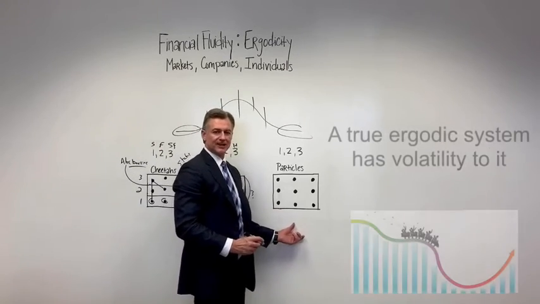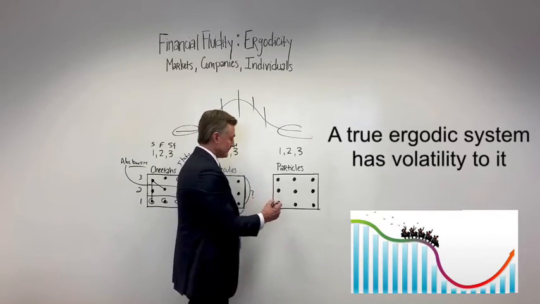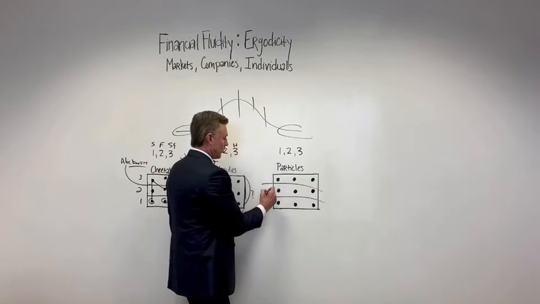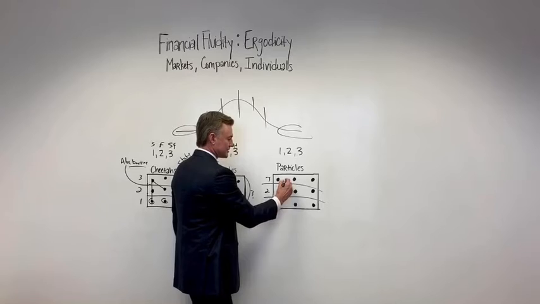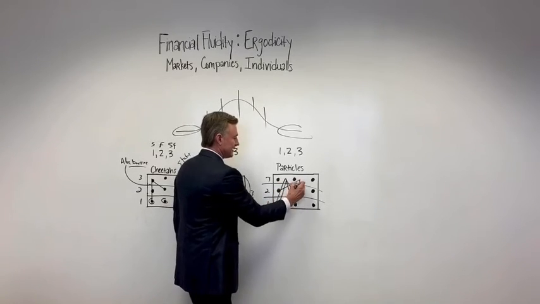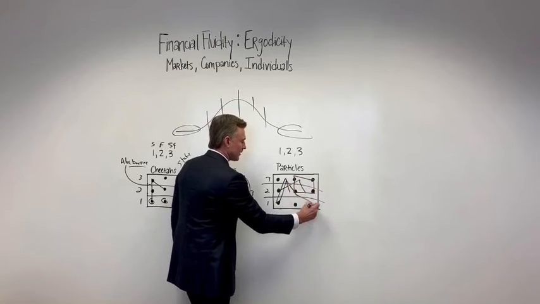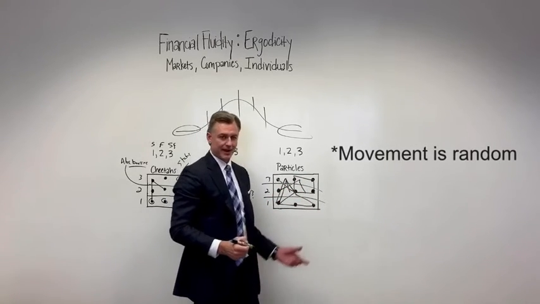A true ergodic system has volatility to it. A 1 today becomes a 3 tomorrow, becomes a 2 the day after, and the 2 becomes a 3, it becomes a 1. There's a lot of movement around in a very random pattern in this.